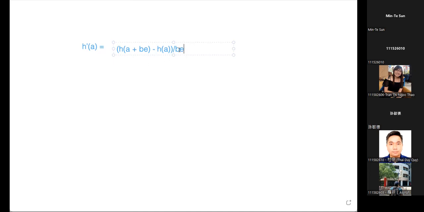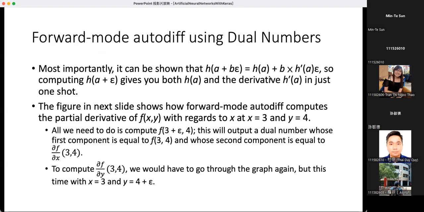Then you multiply the denominator to the left hand side, and you move the minus H of A to the left hand side, and you are going to get this. So this formula is really obtained from the limit theorem, or the formula we use for numerical differentiation.